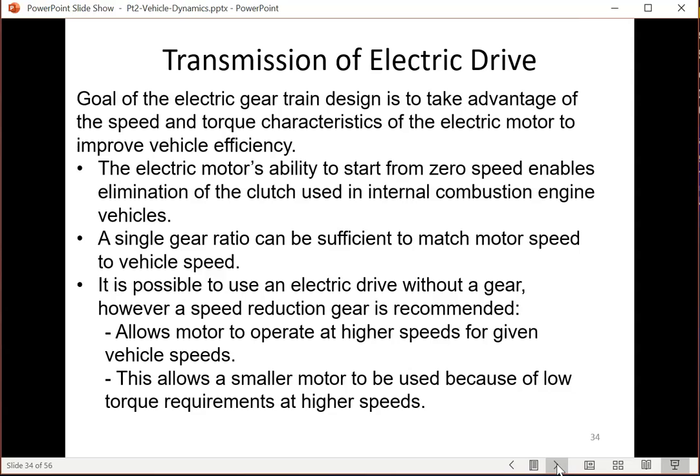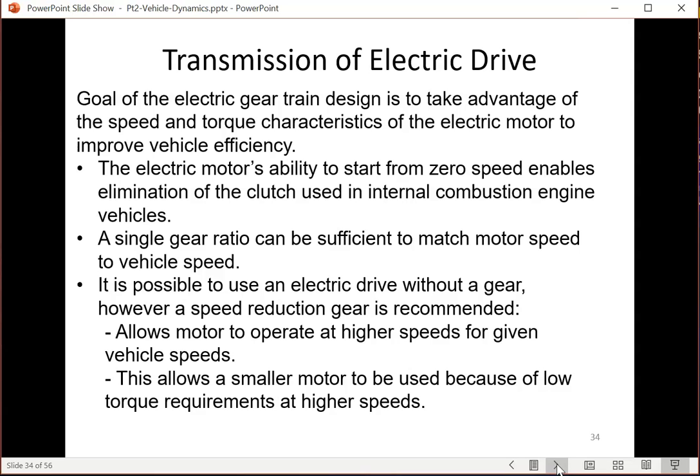It's all because they want to optimize operating conditions for engines to get the most effective use of the fuel. But for electrical drives, you can get away with just one single gear ratio, so you don't really need clutches.